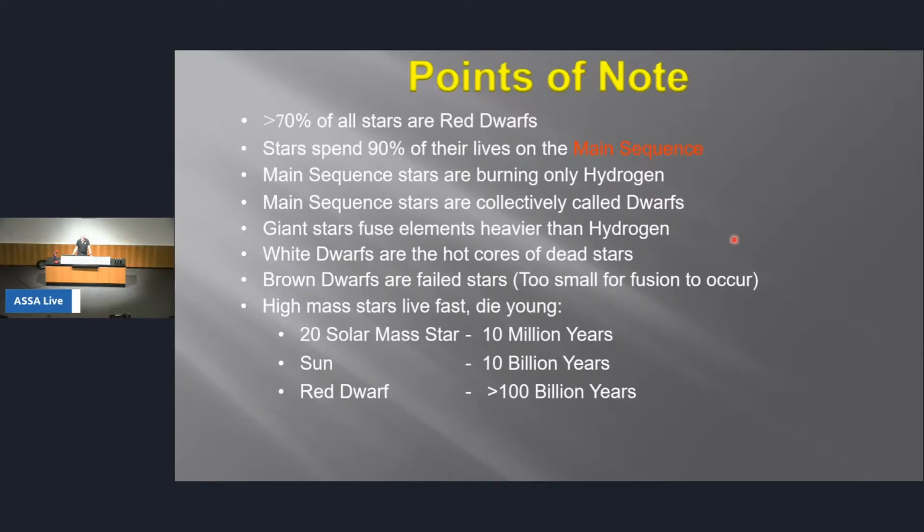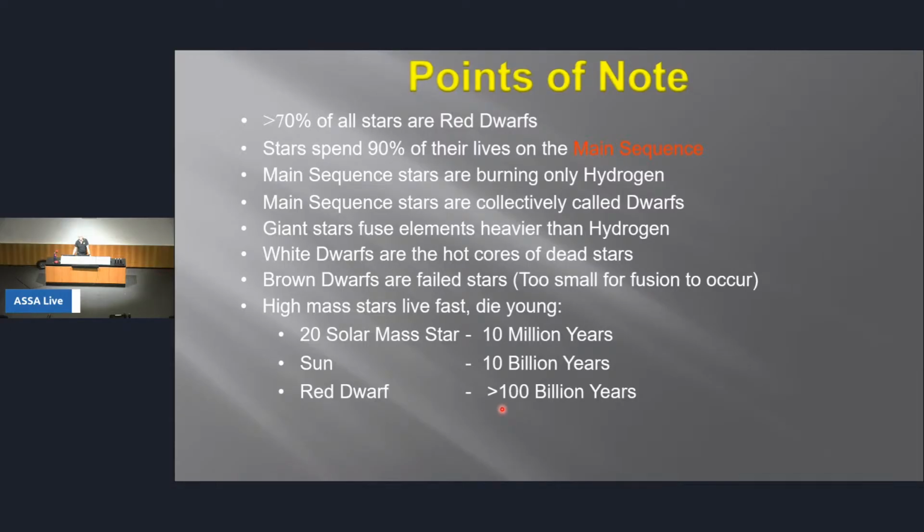So just as a bit of a comparison here, there's the sun, and it will live for about 10 billion years. A 20 solar mass star will only live for 10 million years, so about 1,000 times shorter lifespan than a solar mass star, because it's burning its fuel at a much higher rate. Where a red dwarf will probably live longer than 100 billion years.